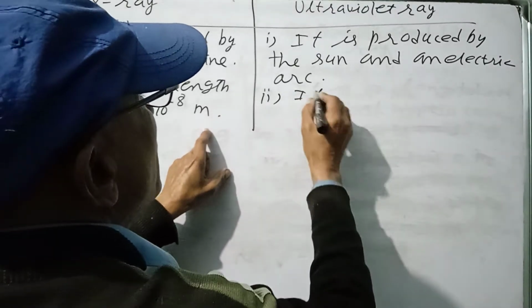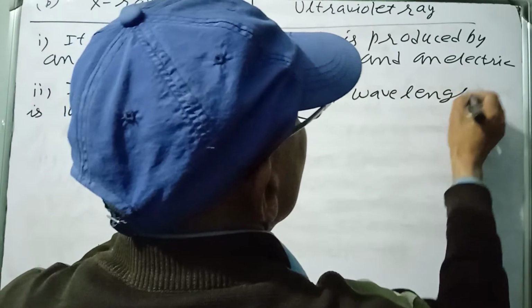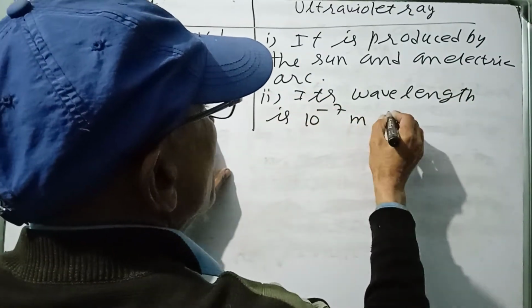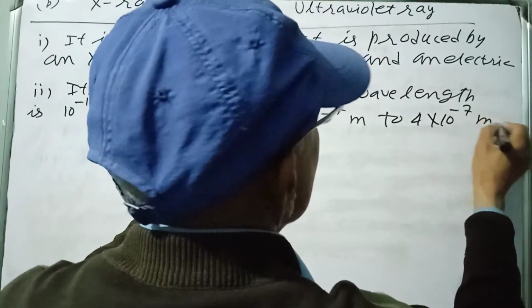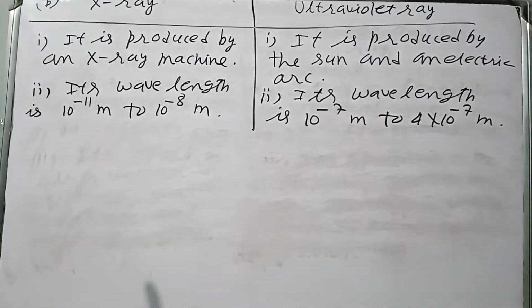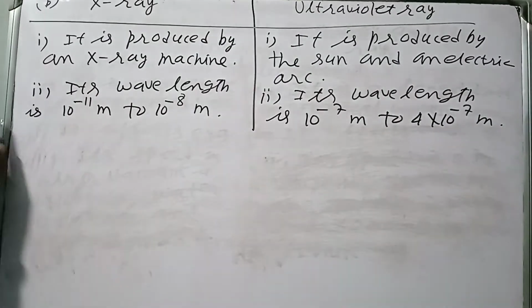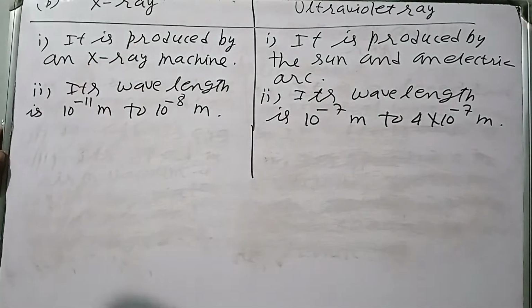That means very small. The wavelength of ultraviolet ray is 10 to the power minus 7 meter to 4 into 10 to the power minus 7 meter. That shows that ultraviolet ray is bigger and X-ray is smaller. And another important point is, what is the main use of X-ray?